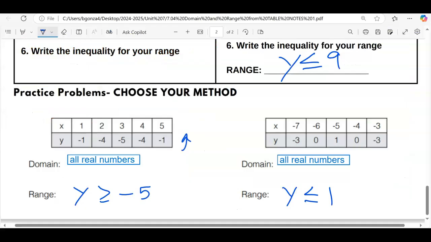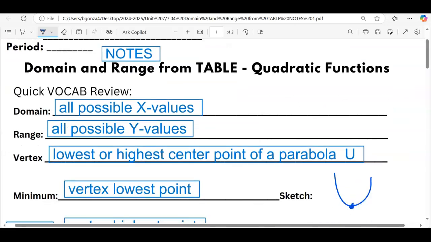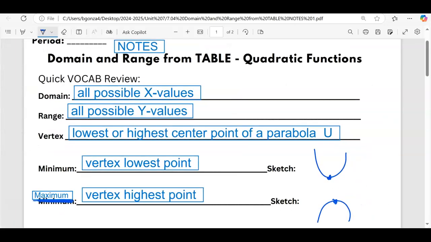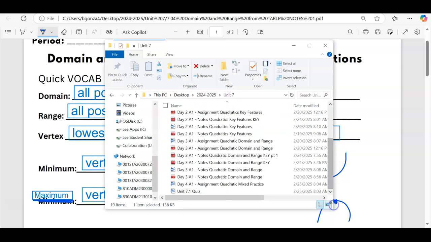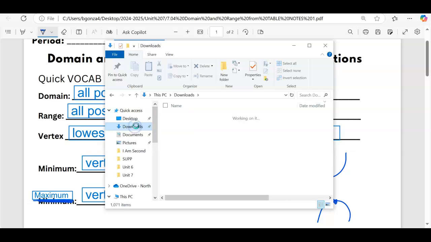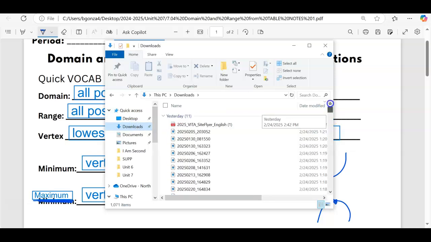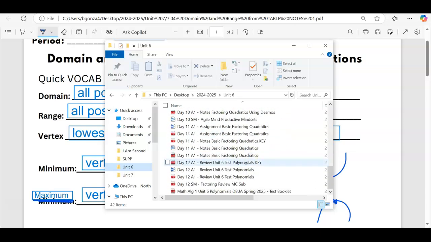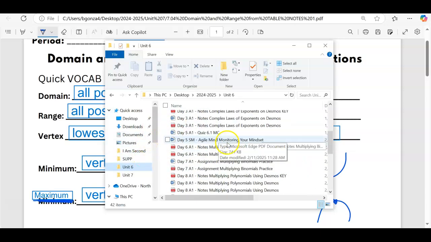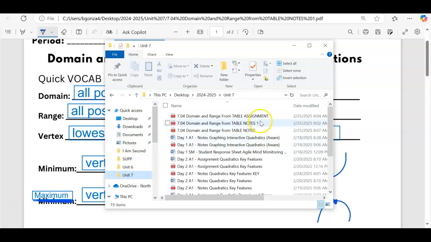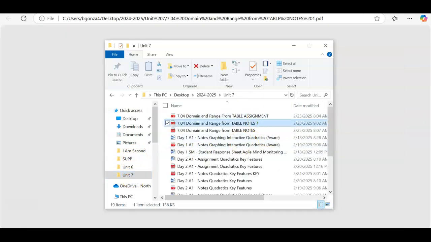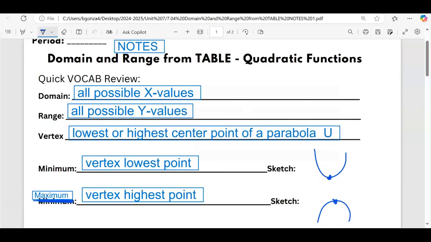So let me make sure everyone's got this first. Okay, here we go. Make sure you write this down.